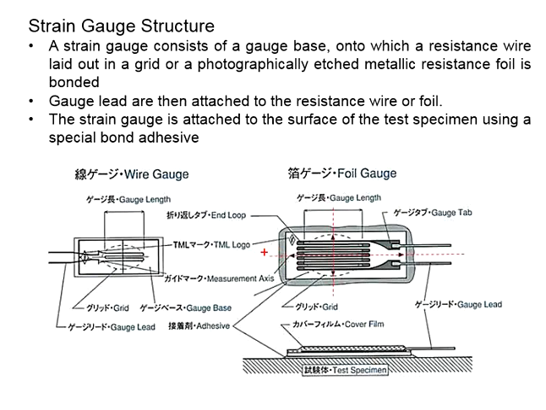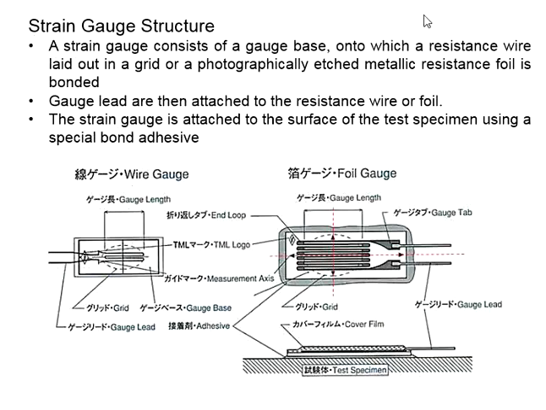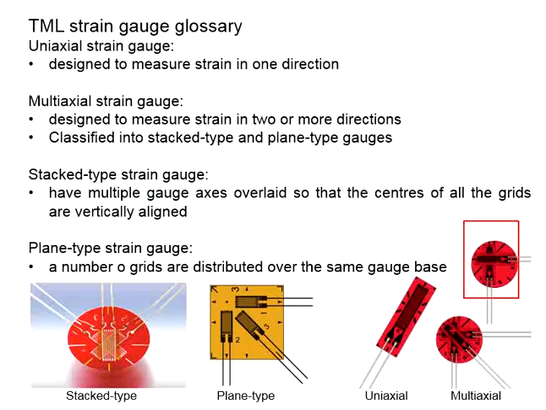Remember, we mentioned the measurement axis. The center here will be the exact location that you are measuring. The staggered type strain gauge has its centers overlaid one over another, only in different directions.